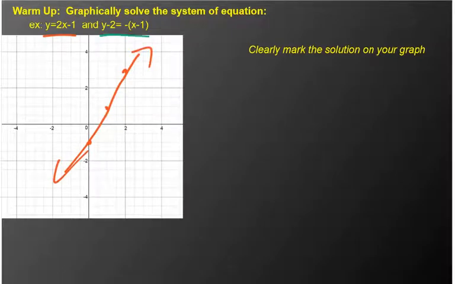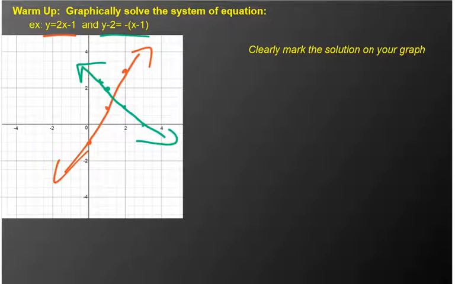And then this other equation is in point slope. The point is at 1, 2, so right here, and the slope is negative 1. So we get that, okay.